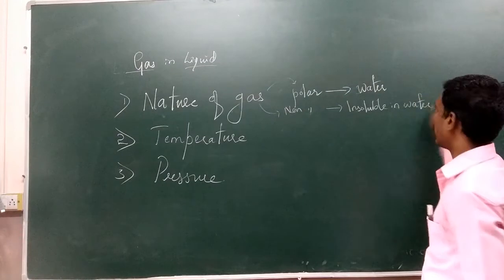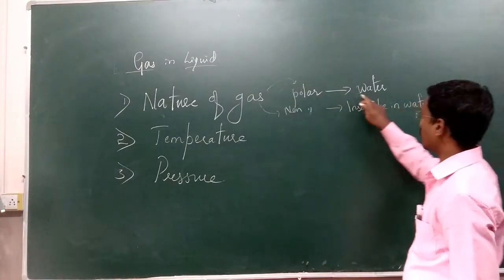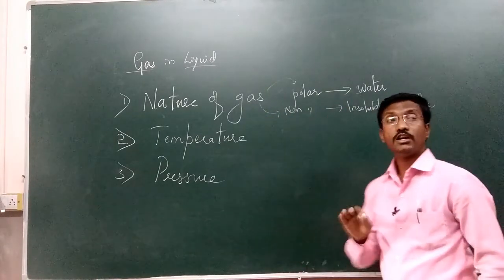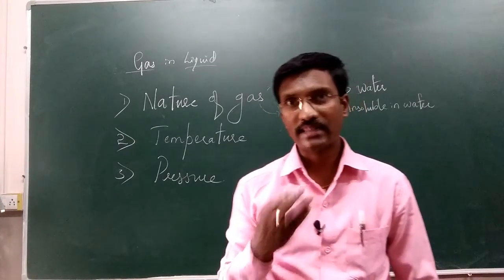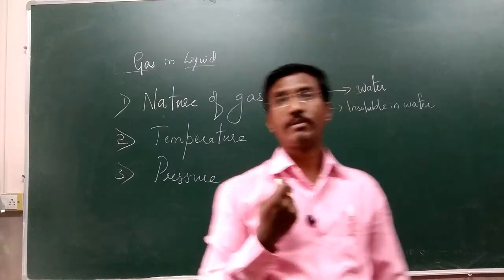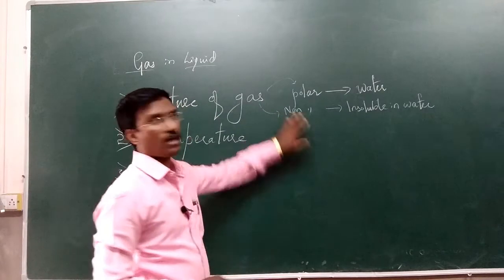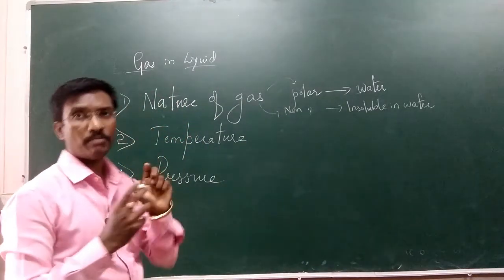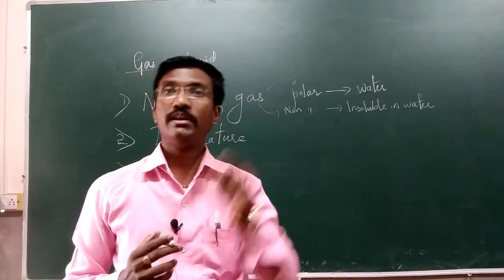Otherwise we can say polar gaseous compounds are soluble in water and non-polar gaseous compounds are soluble in non-polar solvent. What is a non-polar solvent? Non-polar solvents are organic compounds, like benzene or benzene derivatives. Those are called non-polar solvents. Are you getting this one? This is how we have to remember the key points: polar is soluble in polar, non-polar is soluble in non-polar.